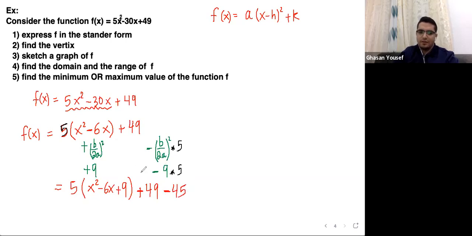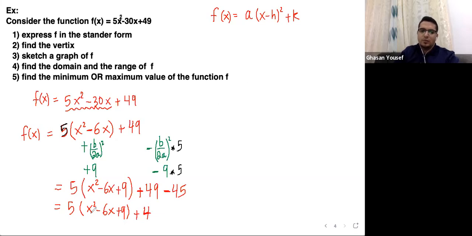Okay, let's simplify this. I will get 5 times x squared minus 6x plus 9, plus 49 minus 45. I will get what? Plus 4.